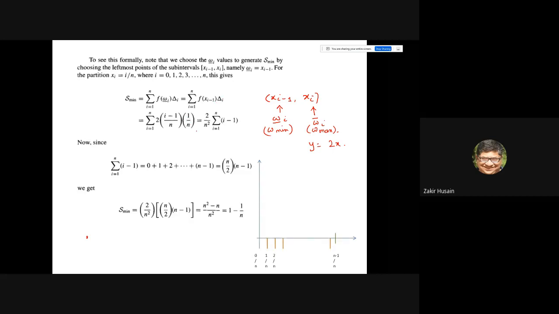So as you can see in the first case, i minus 1 is how much? This is the first subinterval. So 1 minus 1 by n. The second subinterval will be 2 minus 1 by n. Then 3 minus 1. So it's going to go up like 0 by n, 1 by n, 2 by n until we reach the last subinterval. In that case, it will be n minus 1 by n. Okay.